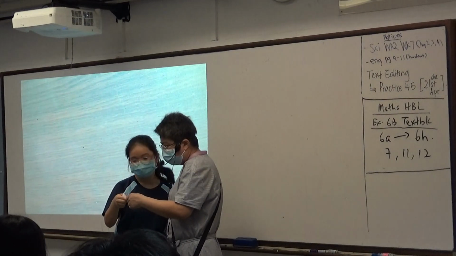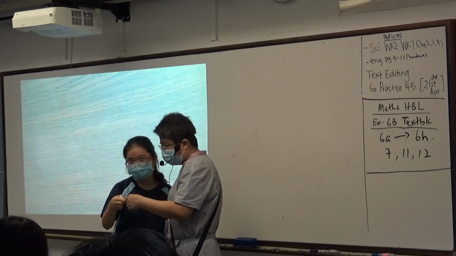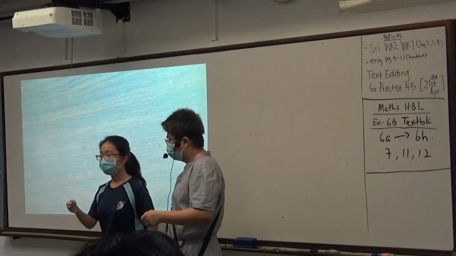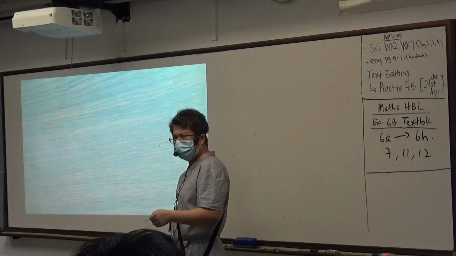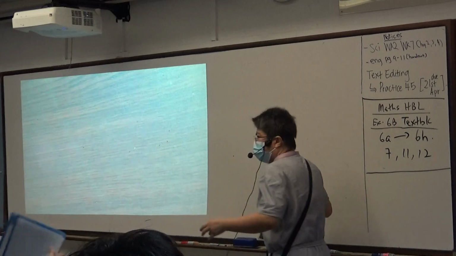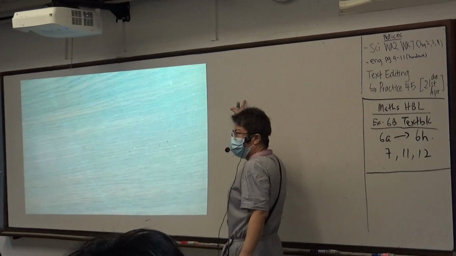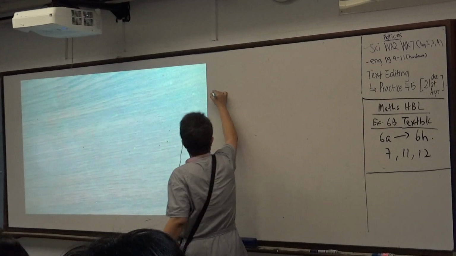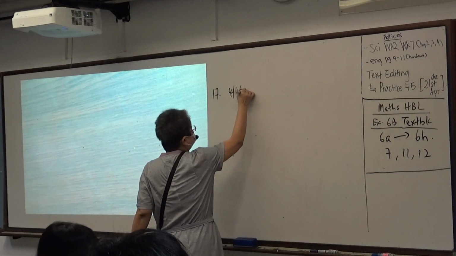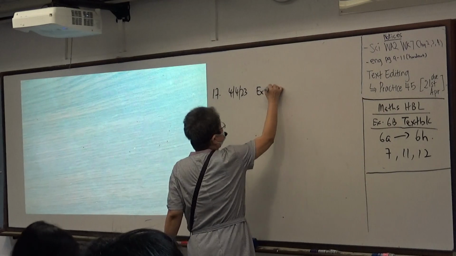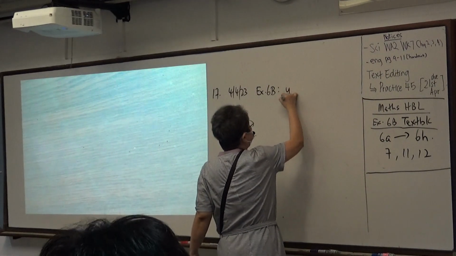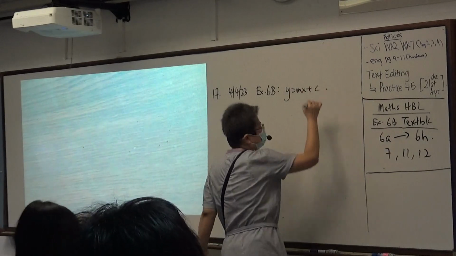What's the number now? 17. Okay, can you write down 17? Today's A. Exercise 6B. Just write down y equals mx plus c.